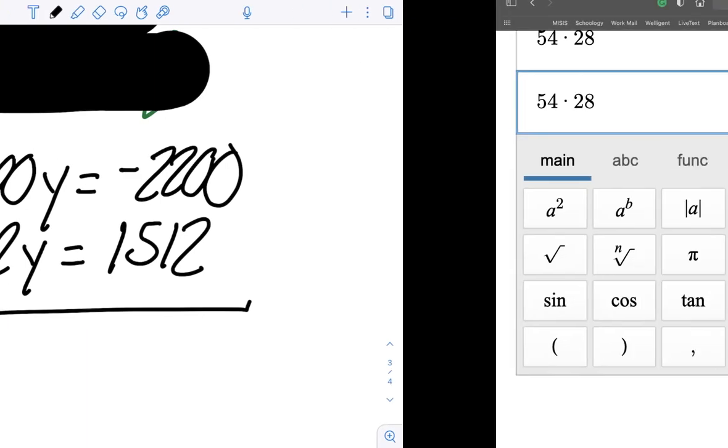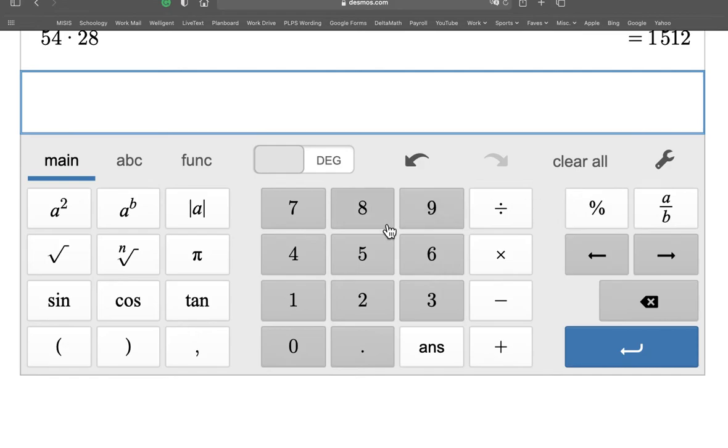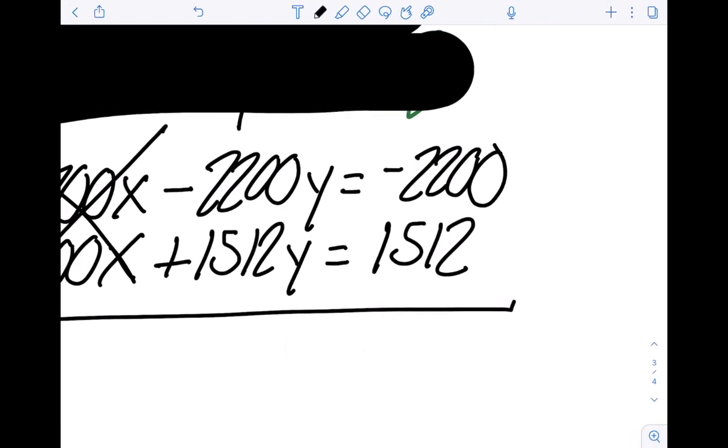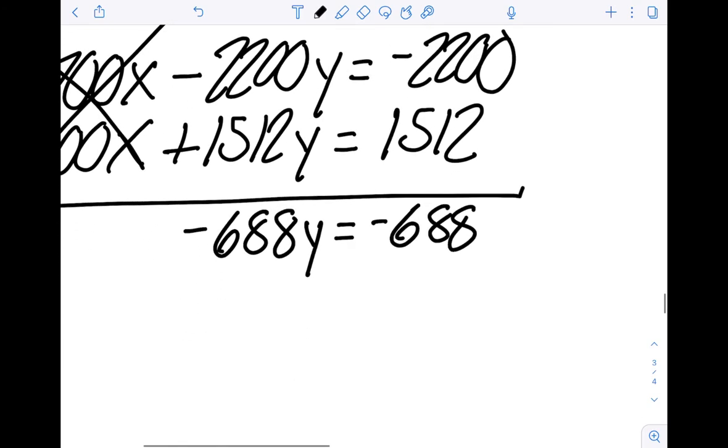So 2200 minus 1512, 688. Okay. So I get 688 negative because 2200 is bigger. And this one's also going to give me a negative 688, right? It's the same numbers.